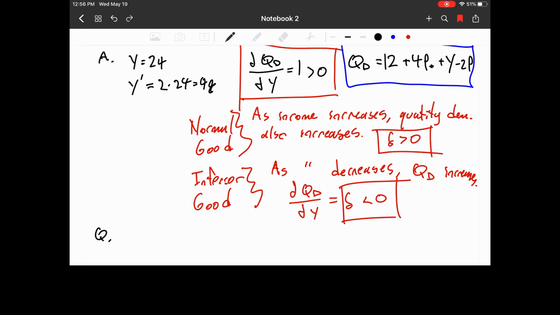What happens to QD when the price of a substitute decreases? When P0 decreases.